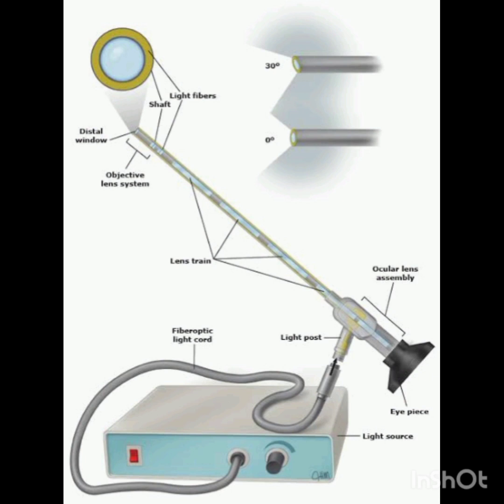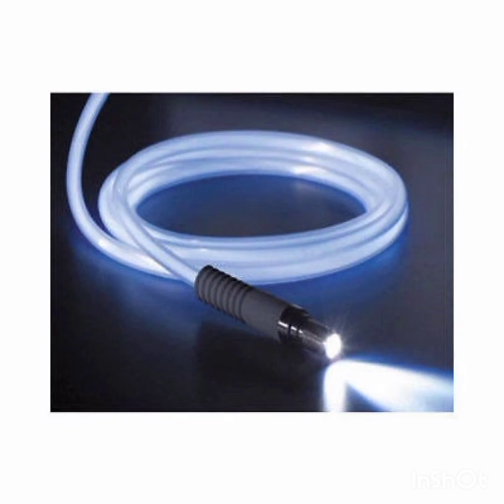In the proximal end there is an eyepiece to attach with the head of the camera, and there is an adapter for the light cable attachment. Internally it is an optic system for the transmission of the light and the lens system. The more the number of lenses, the less gap for air and the more effective imaging there is. So that's important to keep in mind for the parts of the telescope.